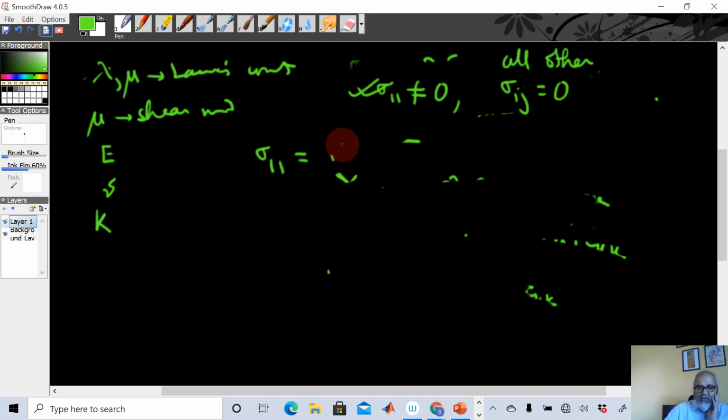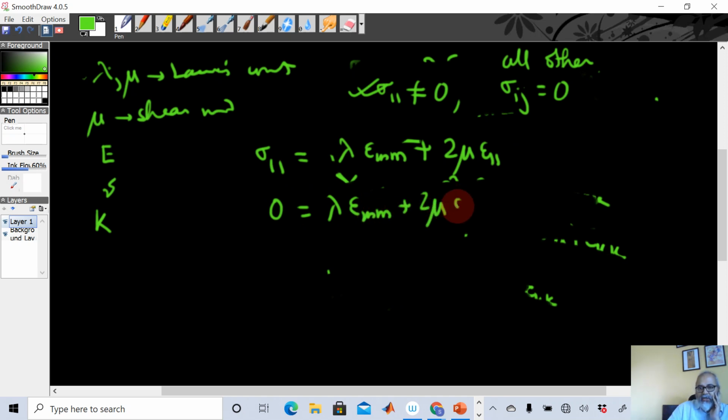So sigma 11 is lambda epsilon mm plus 2 mu epsilon 11, and then 0 is equal to lambda epsilon mm plus 2 mu epsilon 22, and 0 is equal to lambda epsilon mm plus 2 mu epsilon 33.